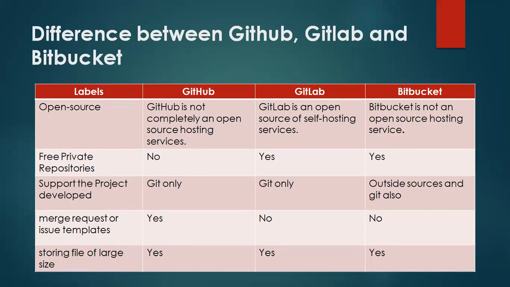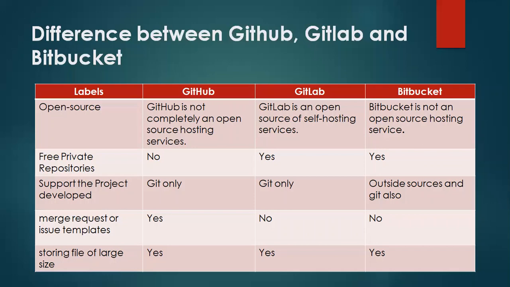Second, free private repositories. In GitHub, there is no such functionality of free private repositories. GitLab provides the functionality of free private repositories, and Bitbucket also provides free private repositories.